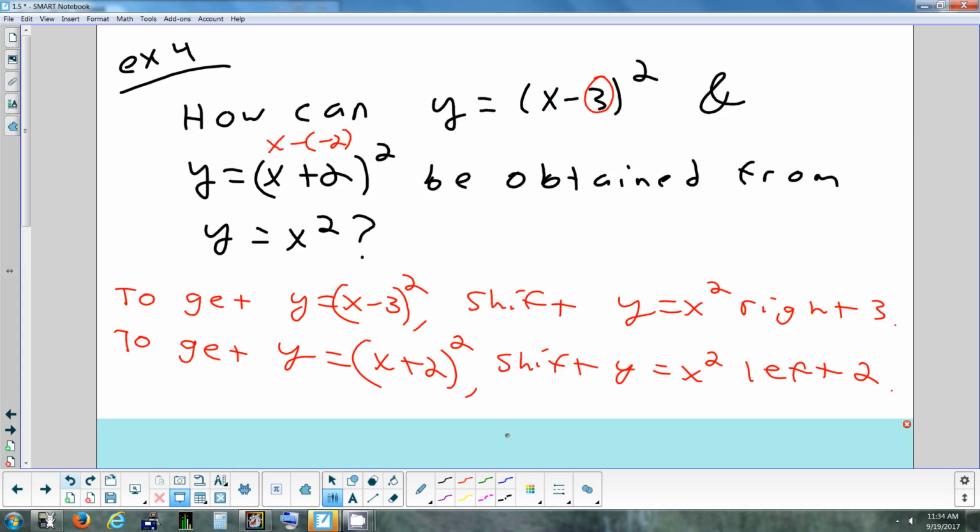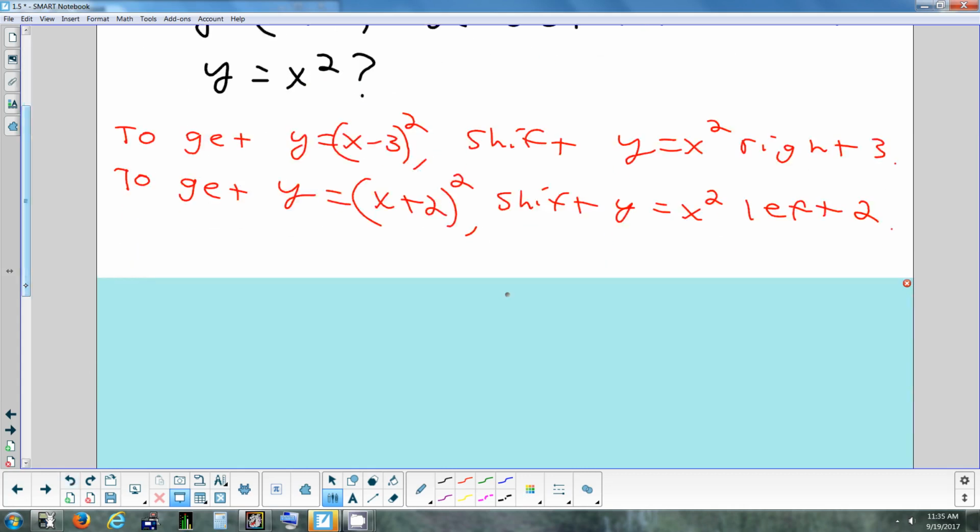Look at what comes after the minus sign, block everything else out. What comes after the minus sign is a negative 2. That shifts everything left 2. So whatever trick you want to use to remember it, that's how I do it. Think about the number after the minus sign. And if there's no minus sign, just rewrite it like I just did there.